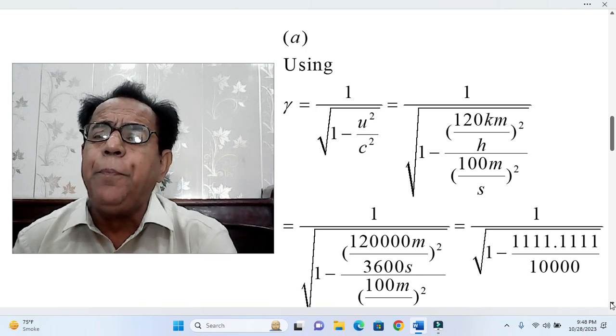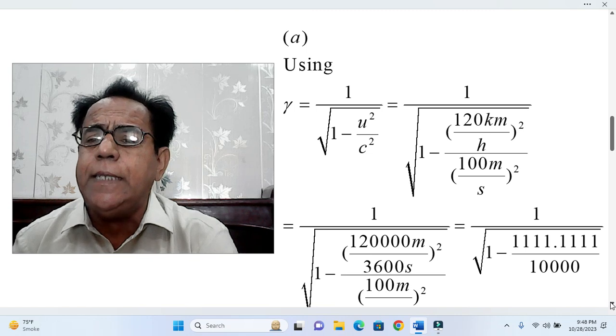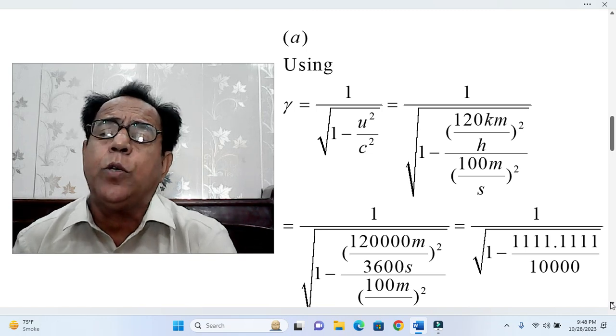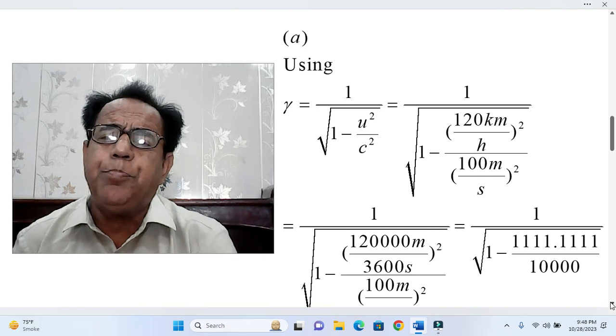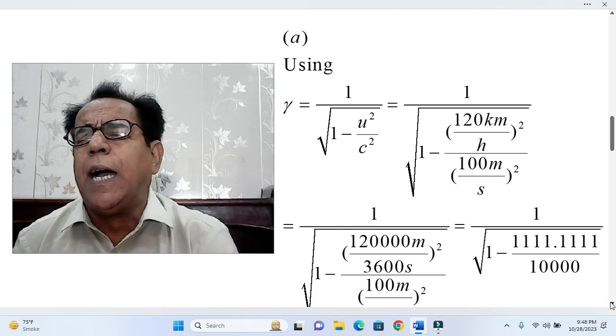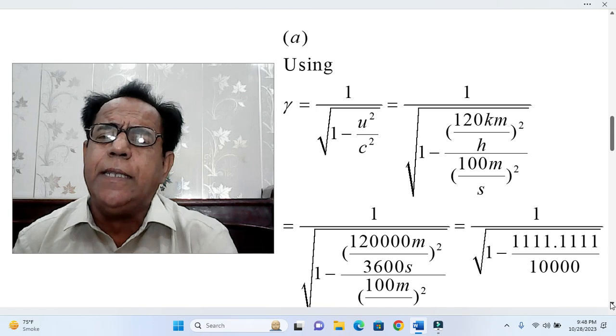Rather, we are using the value of c, speed of light, as 100 meters per second, which is assumed to be the alternate value of the speed of light in the problem.